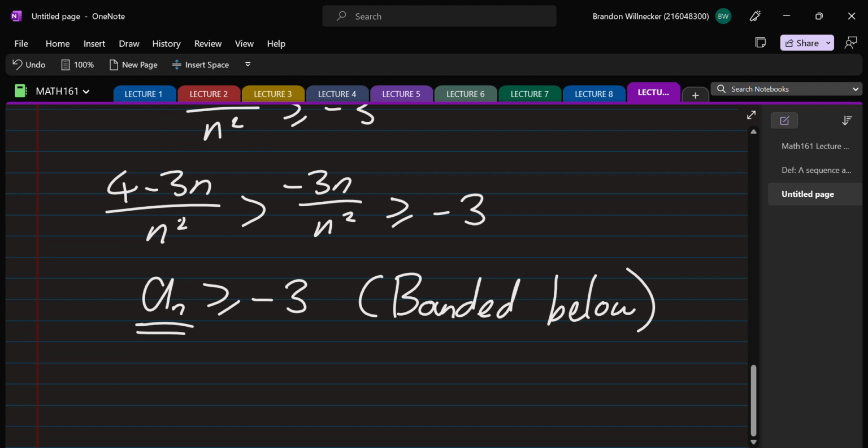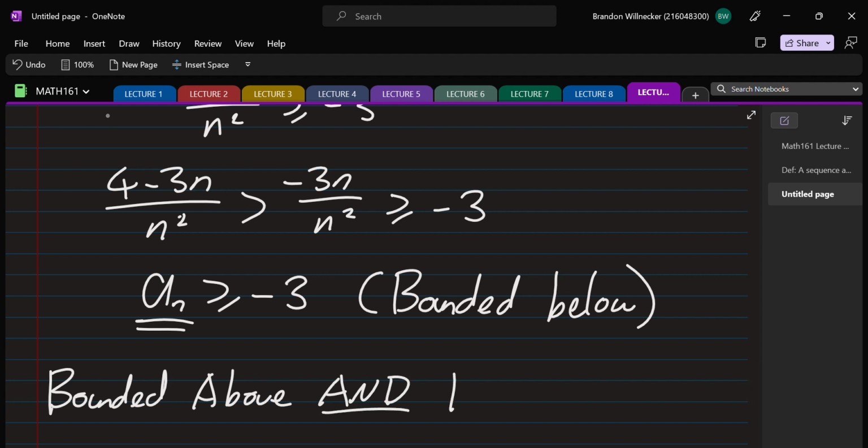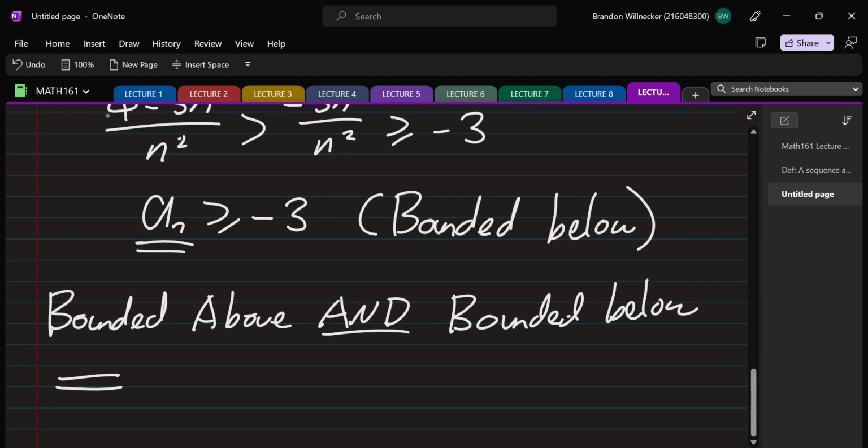So it is bounded above, we showed that, and it's bounded below. Therefore, it is bounded. The question in a test or something may ask, show that the sequence is bounded.